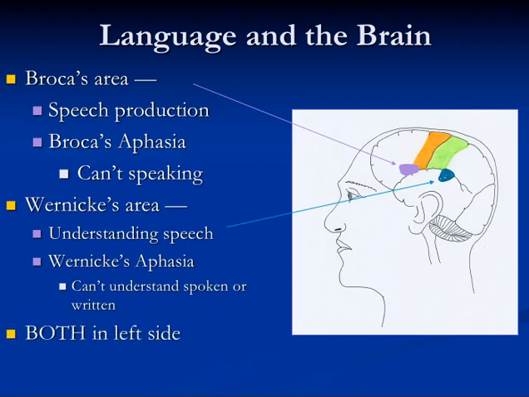Now, both of these, for most people, these areas are going to be on the left side. Occasionally, for people who are left-handed, it shows up on the right, or bilaterally, meaning on both sides. But for nearly everyone, these areas and their associated activities in terms of speech production and speech comprehension is on the left.